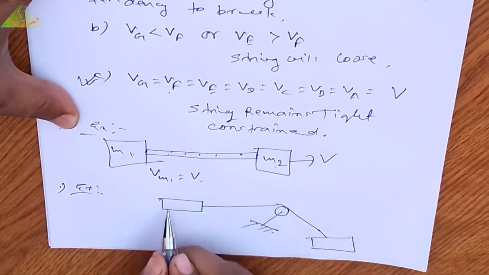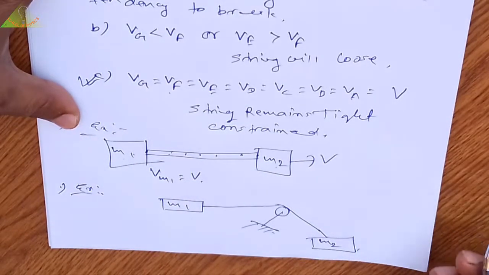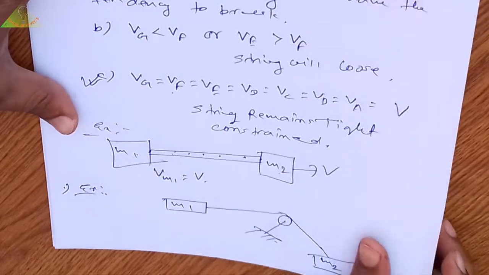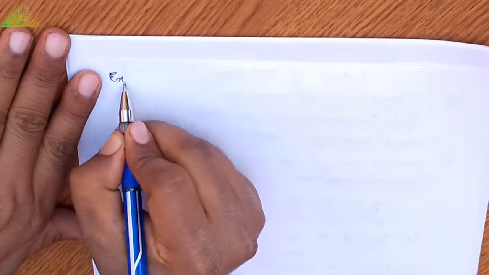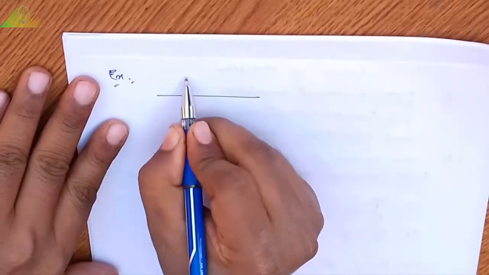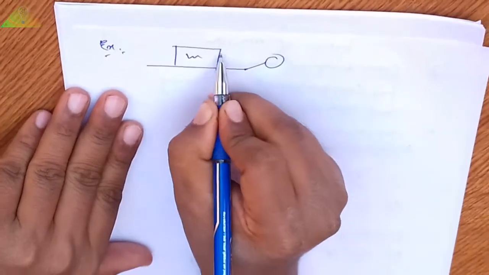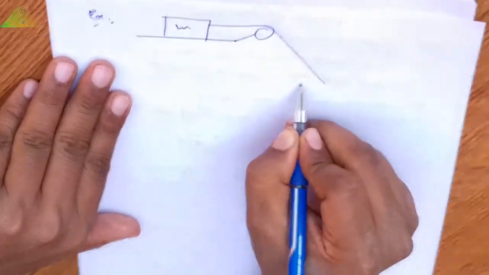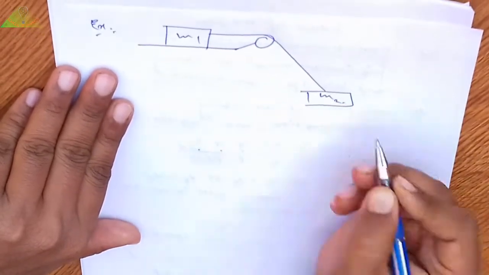This is the block kept on a table, connected with a pulley, moving in this direction as shown. This one is m1, this one is m2.